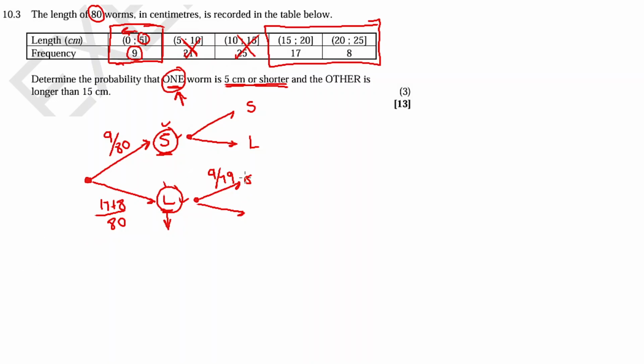Okay, and then we continue. We start with the shorter one first. So here, I chose the shorter one, so it should be 8 over 79. And then for the longest one, it's going to be 17 plus 8, this 8 and 17, divided by 79.